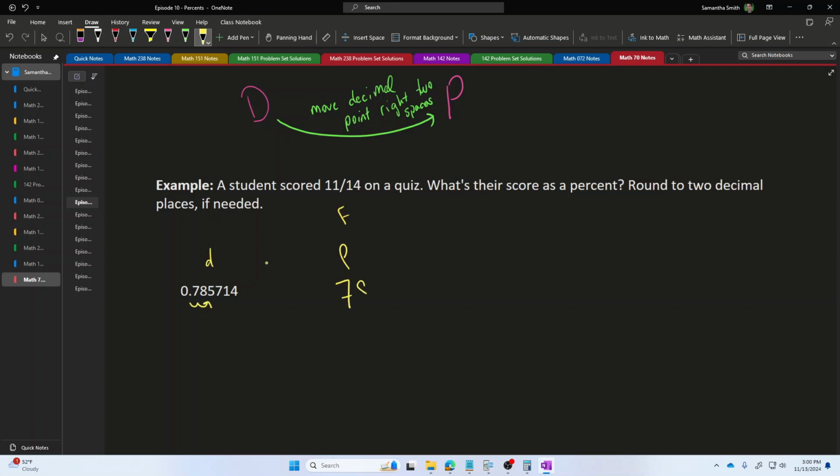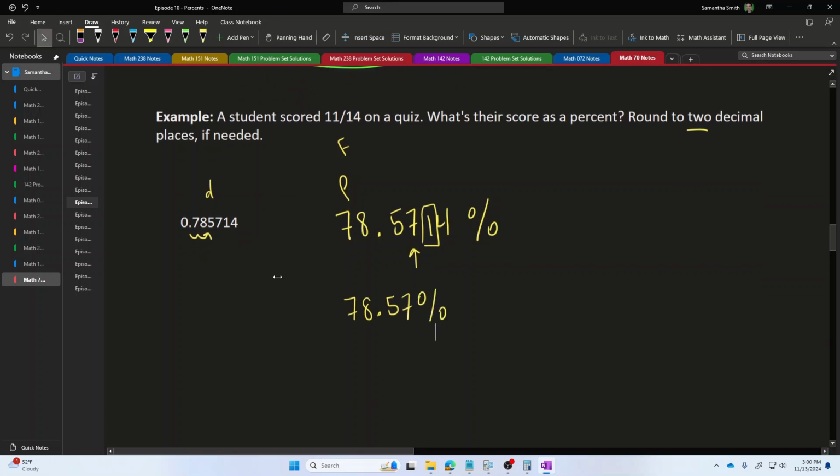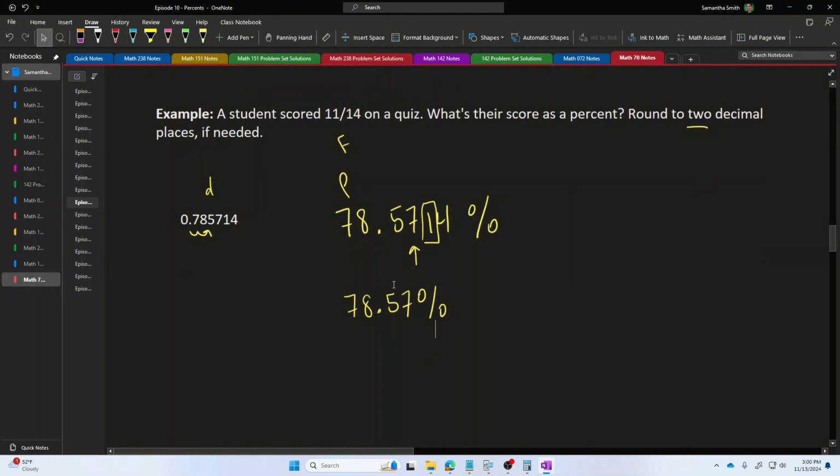And now I get 78.5714%. And they said I can round my final answer to just 2 decimal places. So if I go to 2 decimal places and look at the digit 1 to the right of that, that's a very small digit, 1. So I will just delete all the numbers to the right of that decimal place, and I will get 78.57%. That would be this student's score as a percent value.